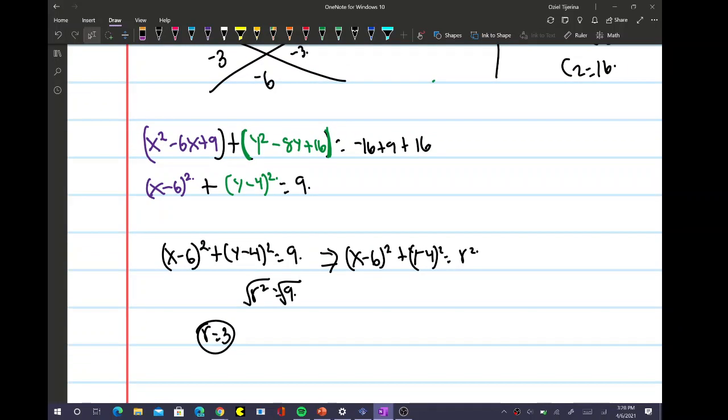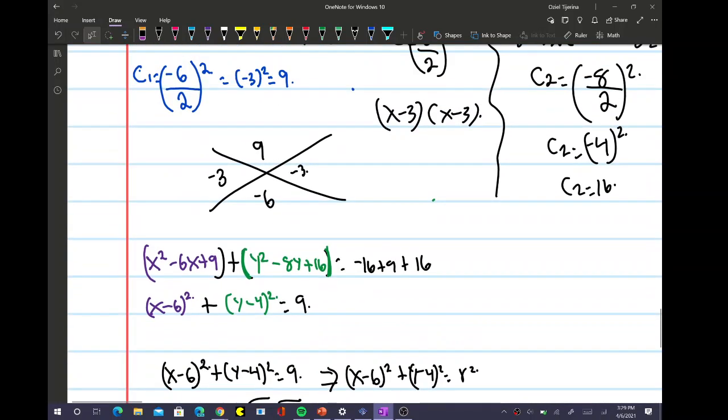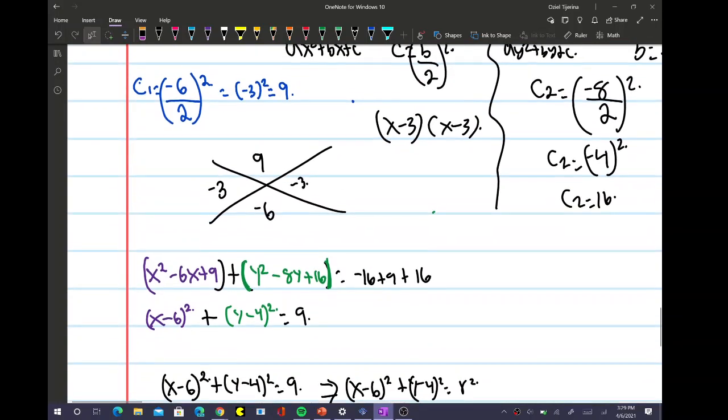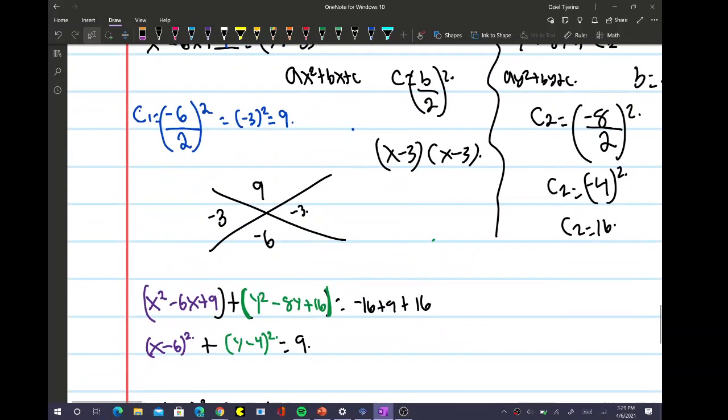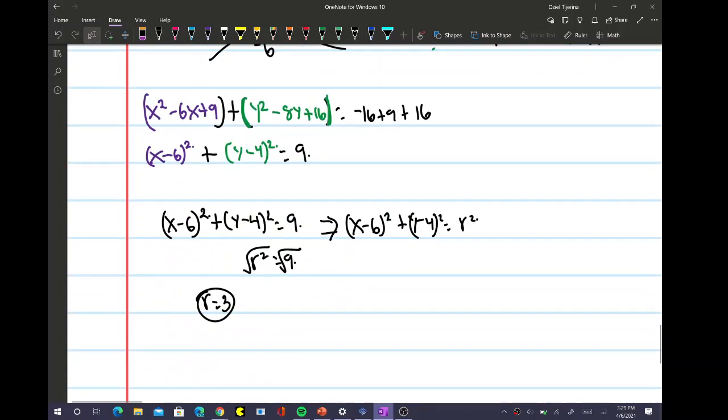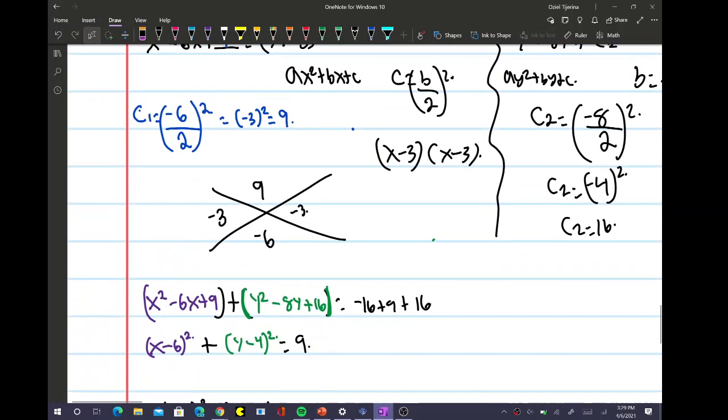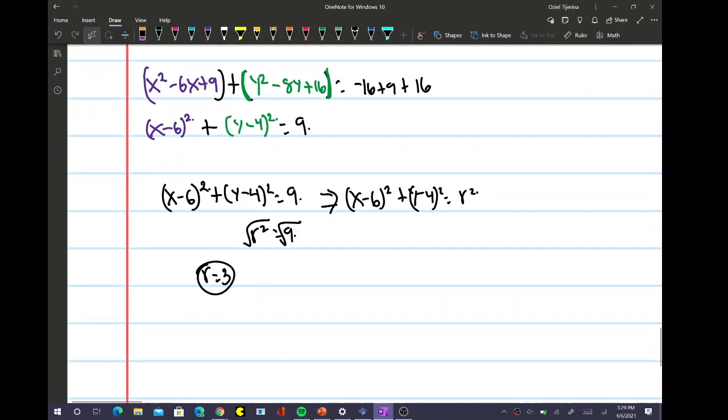I would always put the positive number for this, because the radius is a length, and in real life you don't have a negative measurement. It depends on your professor or your teacher, but I would just put r equals 3, the positive radius.